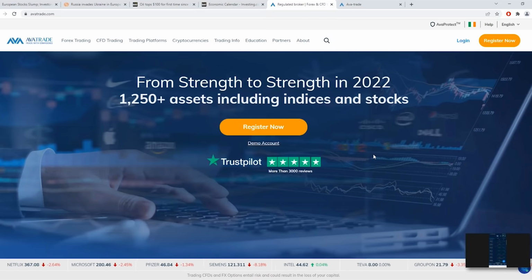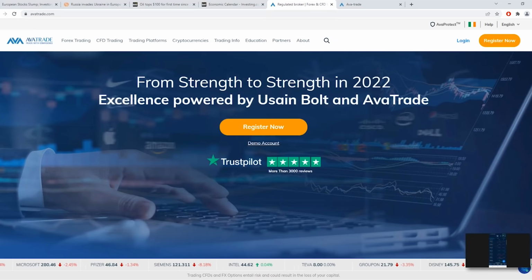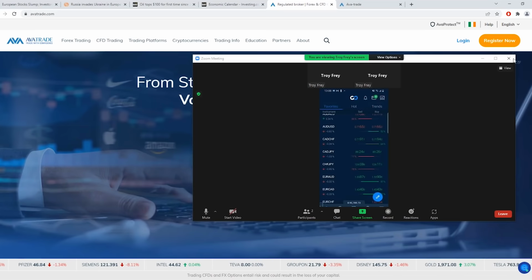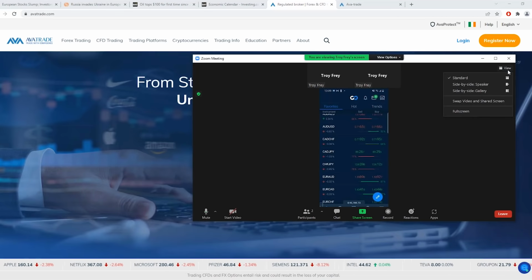So what we can do first, let me expand the AvaTrade Go mobile app, and we'll take a look at how it can help with your technical analysis and also the fundamental analysis and risk management as well.